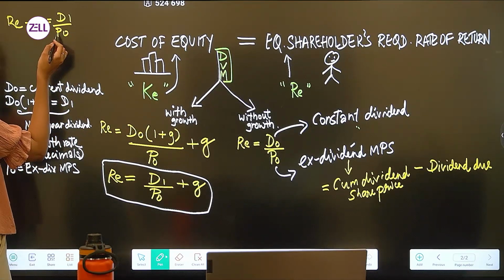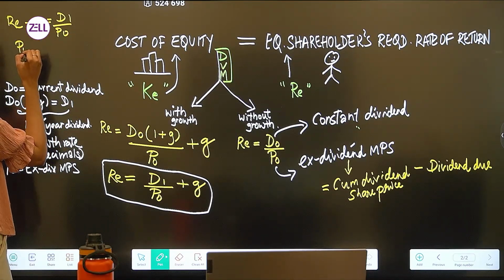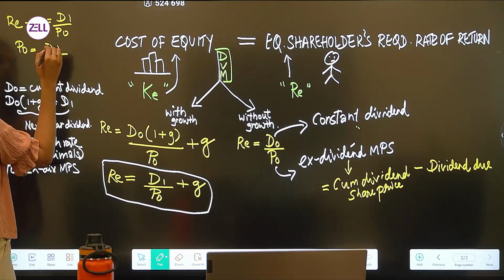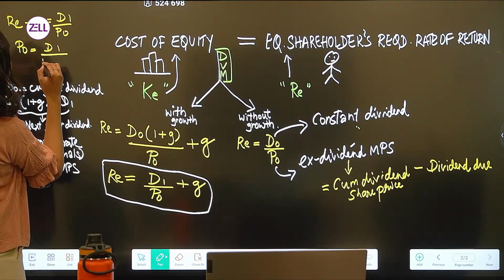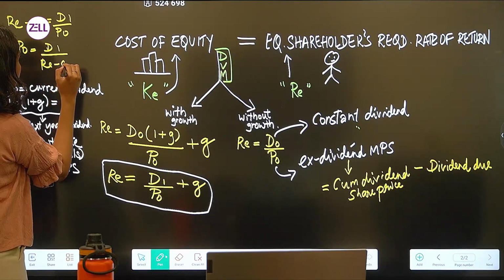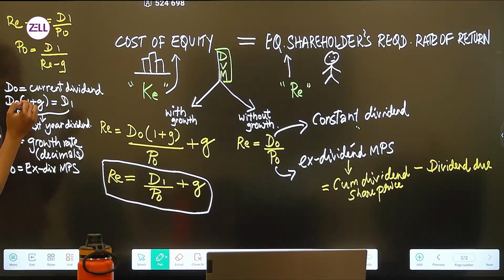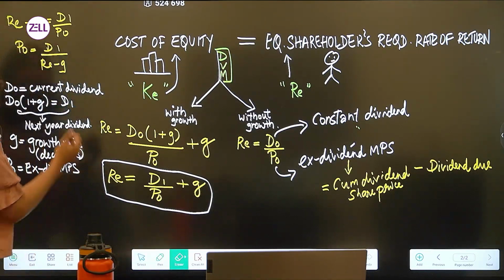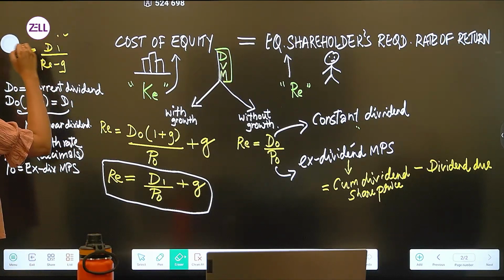Now I want to know what P0 is. So P0 is equal to D1 divided by RE minus G. So this is how I have calculated my market price of the share.